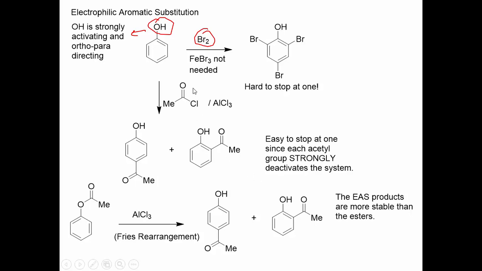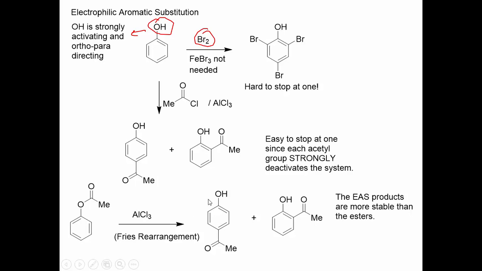Okay, recognize that with the acid chloride, if we had had some pyridine here and no aluminum chloride, we would have added it to the alcohol. But even if you accidentally did that, you could take this phenyl ester here and treat it with aluminum chloride, and you get something called the Fries rearrangement, which gives you the acetyl group in the ortho and para positions.